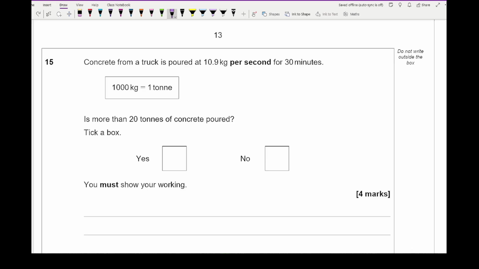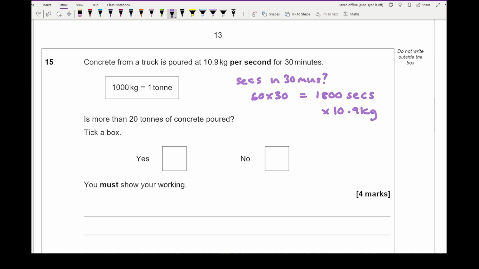So for this, we need to work out how many seconds there are in 30 minutes. To do that, all we need to do is 60 times 30, which is going to give us 1,800 seconds. And then we multiply that number by 10.9 kilograms.